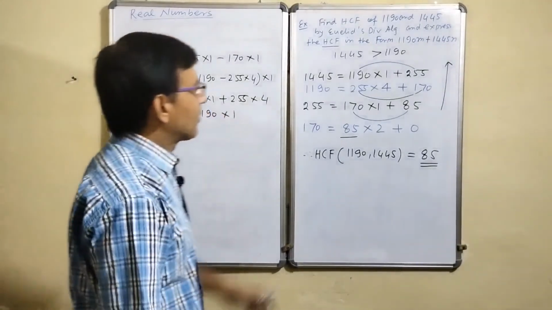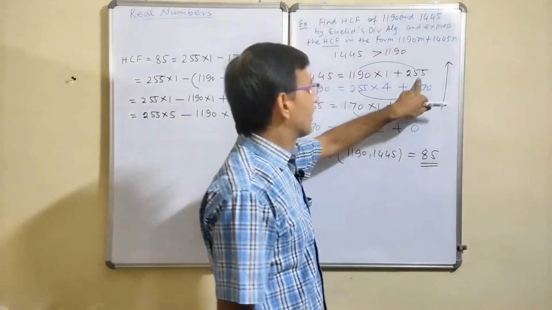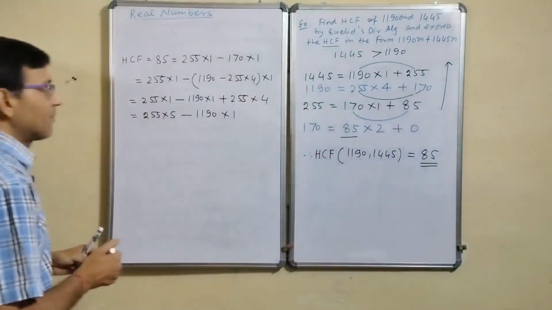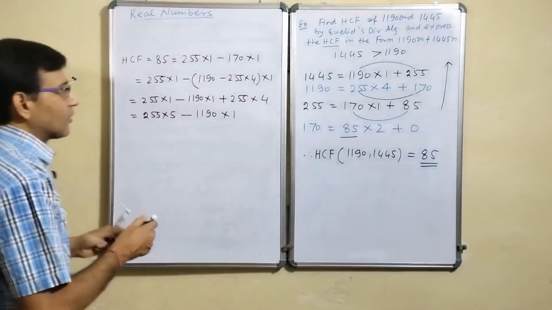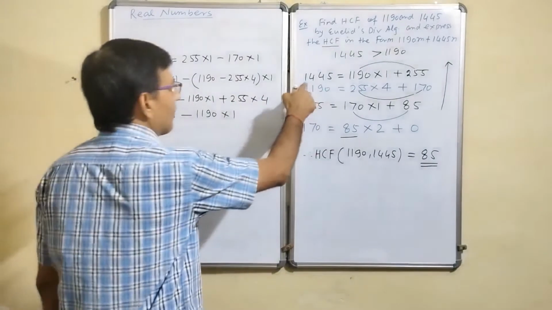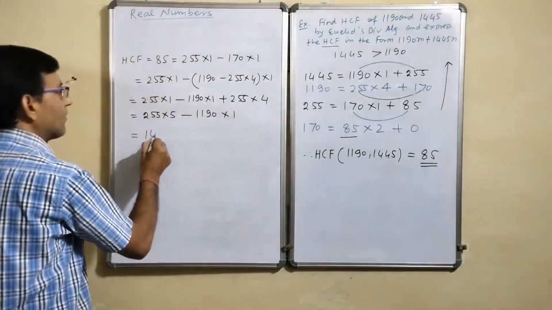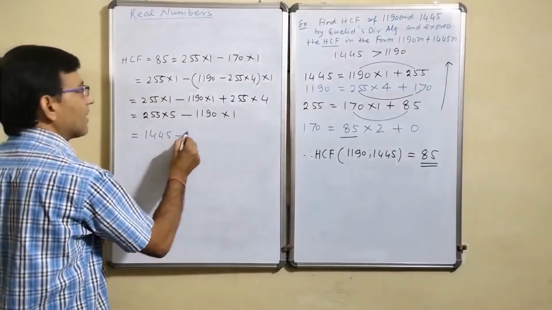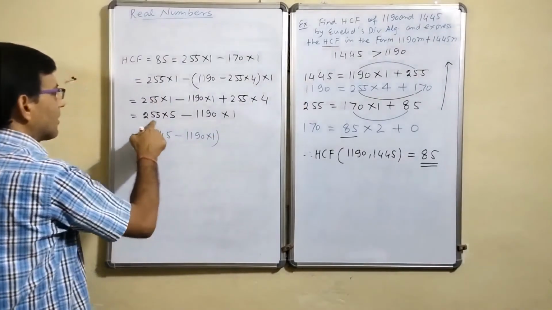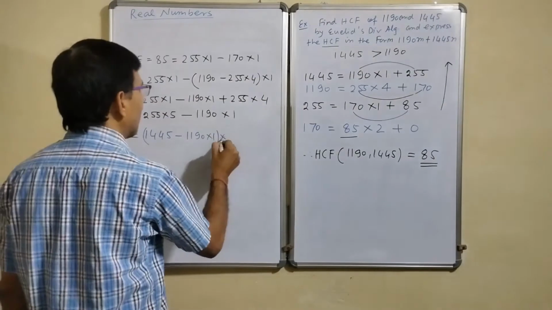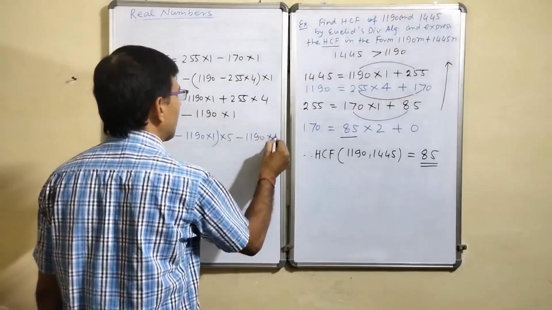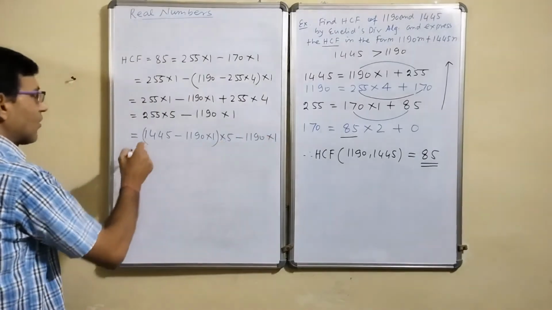So now what we have to do? Again we will change 255. That is the last step. 255 can be written as 1445 minus 1190 into 1. This is 255 multiplied by 5 minus 1190 into 1. Multiply and open the bracket.